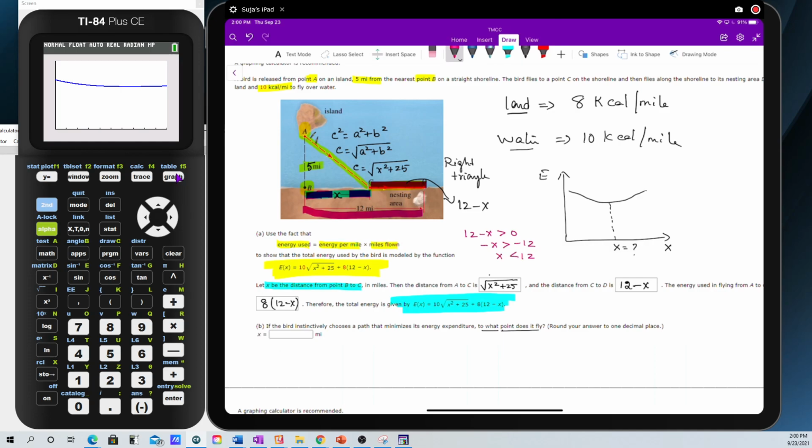I cannot have a value less than 0. So if I think of my number line, my x has to be greater than 0. So from 0 to 12 is my domain of this function. The domain would be 0 comma 12, not including 0, and if it's 12, it's reaching the extreme endpoint, so between 0 and 12.